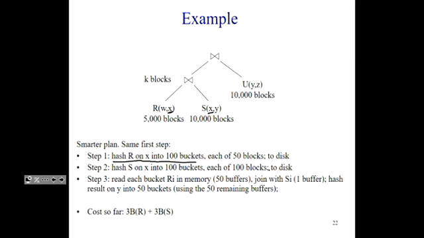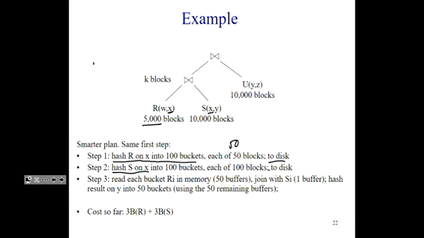We have 5,000 blocks of R, so with 100 buckets you have 50 blocks per bucket, and you write that out to disk. Then hash S on X into 100 buckets. Each bucket has 100 blocks because S has 10,000 blocks. Once again, you write out to disk.